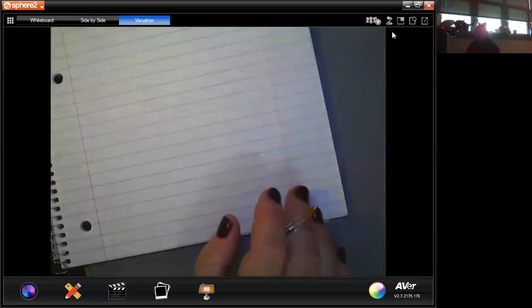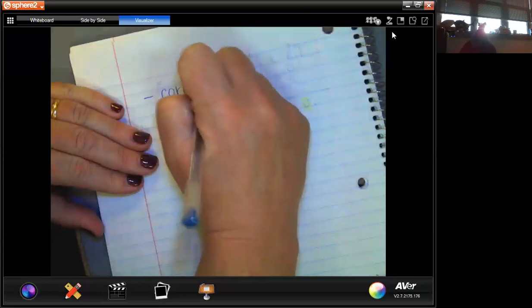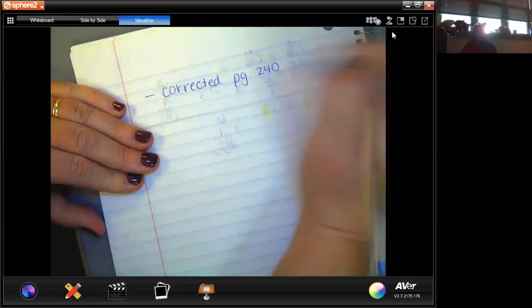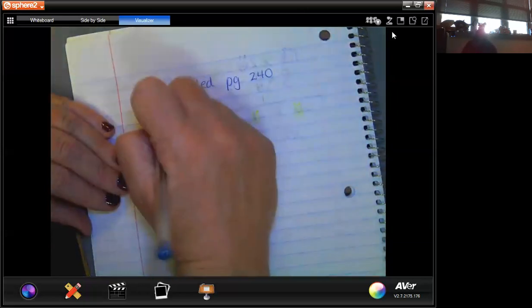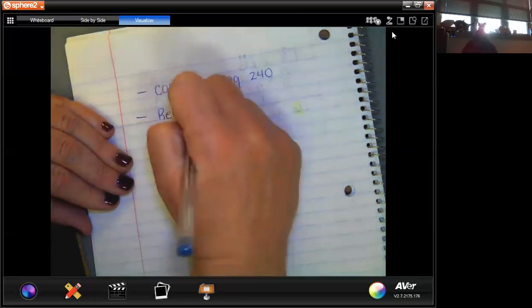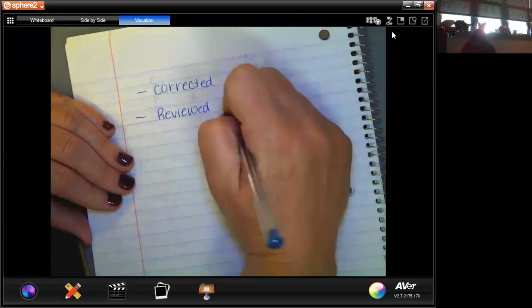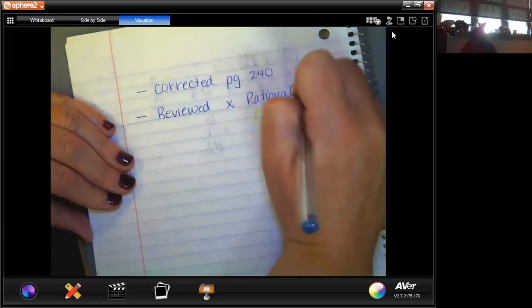Okay, so here is what you guys are doing for today. We corrected page 240, and I'll look at those later. Next, we just reviewed multiplying rational numbers.